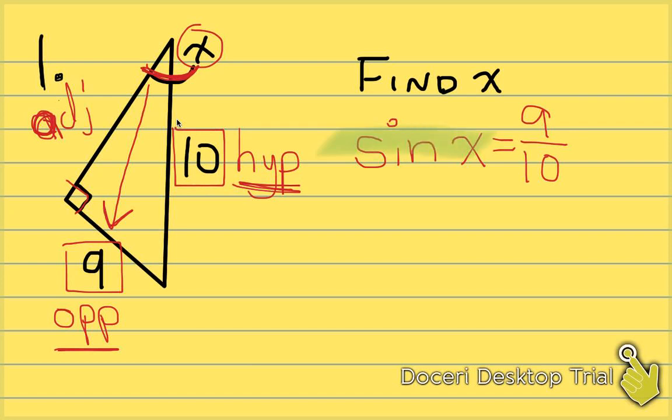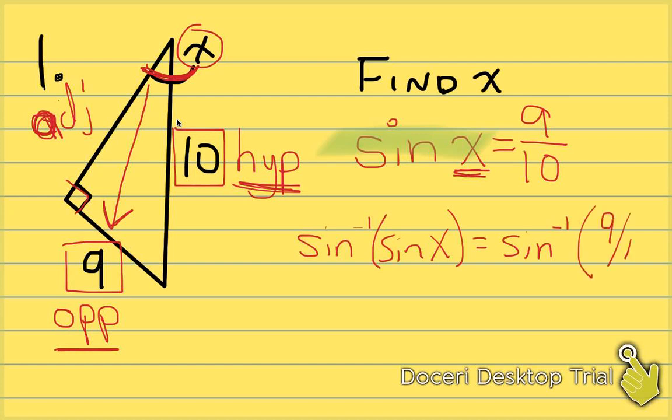Can we put this in our calculator? Could we find that on a trig table? The answer is no. You cannot find a trig value if there's a variable here. It has to be a number. So you have to do something else. You have to use inverse sine, or arc sine. So we'll do arc sine of this side, and we will do arc sine of this side.